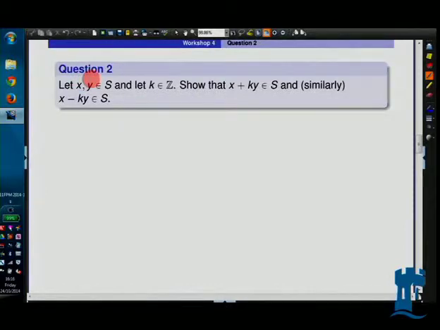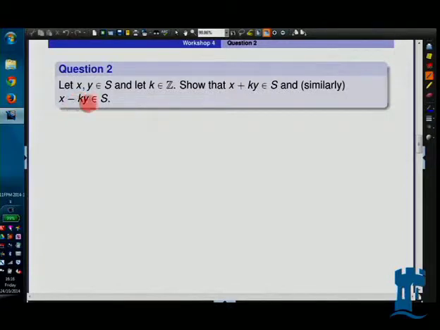But you use the fact that they're in S, and then you take k an integer, and you've got to show that x plus ky is in S. And really, once you've done that, there's no real difference about x minus ky, because minus k is an integer anyway. So if x plus ky is in S for all integers k, then minus k is just another integer, like k is.